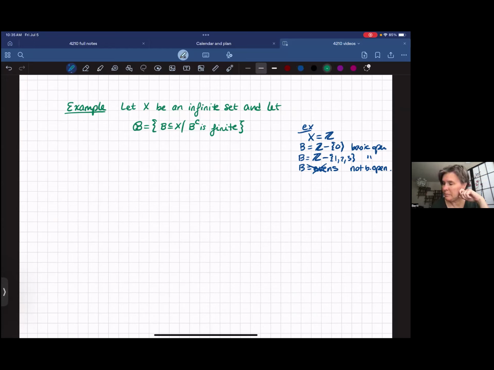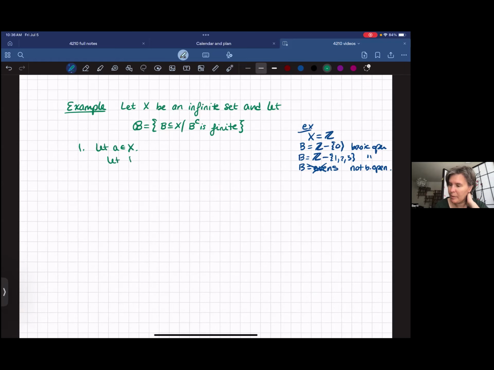Okay. So let's think about the two parts of the definition of being a basis. So first of all, we have to say, okay, let's let A be an element of capital X. Is there a basic open set that contains A? Do we have coverage of this full infinite set? Well, I actually think that there's a very straightforward way to do this.